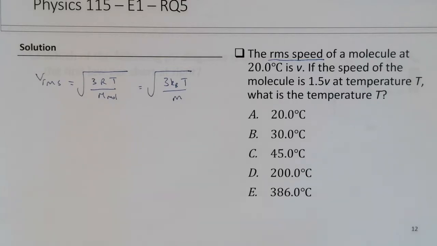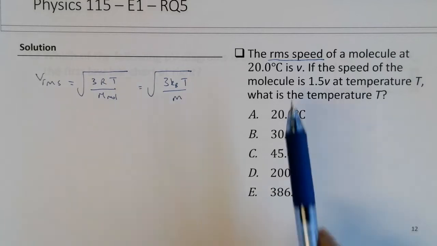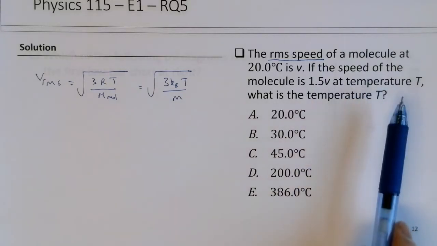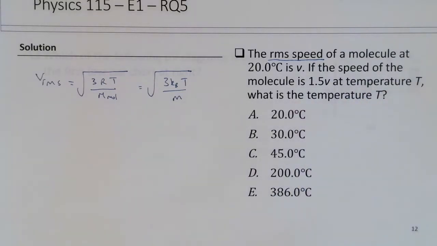I'll show you the way that I would like you to solve the question. So the question is stating the relationship between V, the RMS speed, and the temperature. I'm not going to worry, it's the same molecule, R and kB are constants, the mass is not going to change. All we're doing is changing the temperature, seeing how the speed changes.